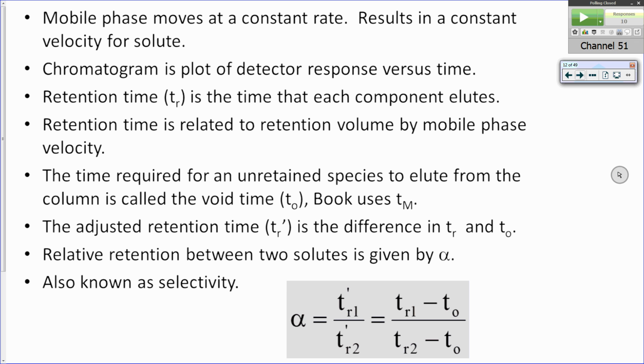In chromatography, we try to have the mobile phase moving at a constant rate. That's why I say some forms of chromatography are different from one another, and that's one of the challenges we have with thin layer chromatography. If you remember with thin layer chromatography, since we didn't do the experiment, you're going to have to refer back to other experiences that you had.